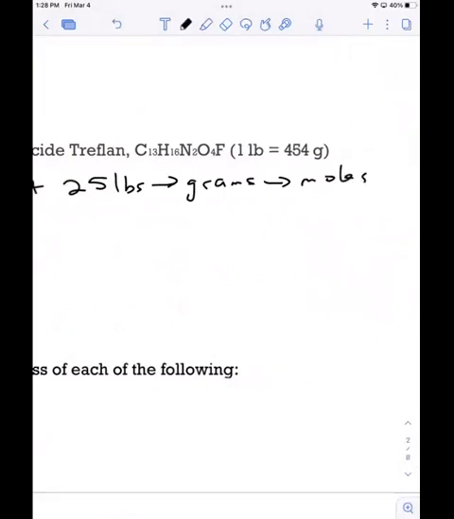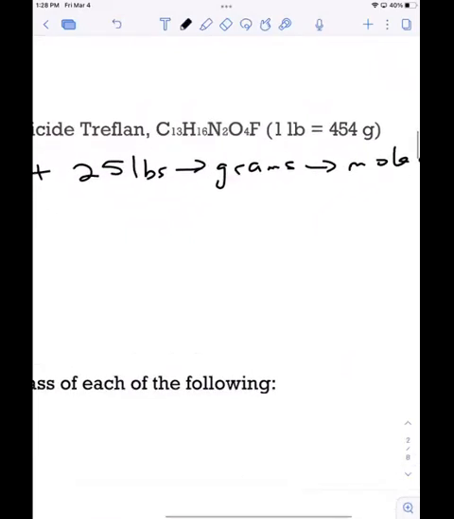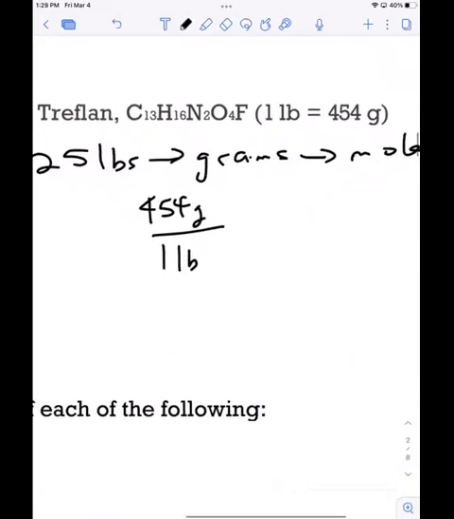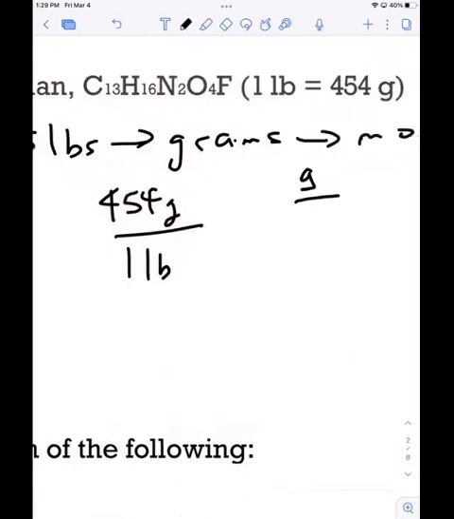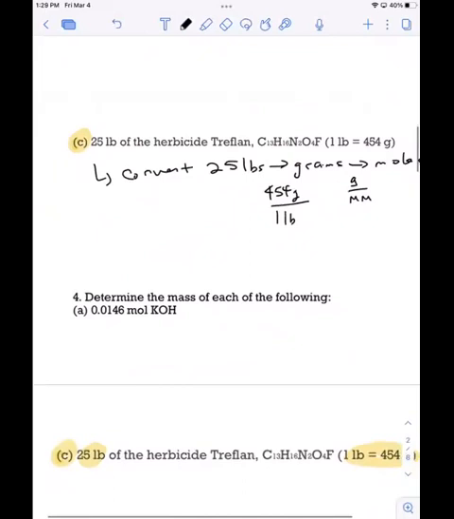How do we convert pounds to grams, right? We need a conversion factor, which is going to be what? 454 grams over 1 pound. And then how do we convert grams to moles? We need what? Grams over what? Molar mass. That's the first part of the problem.